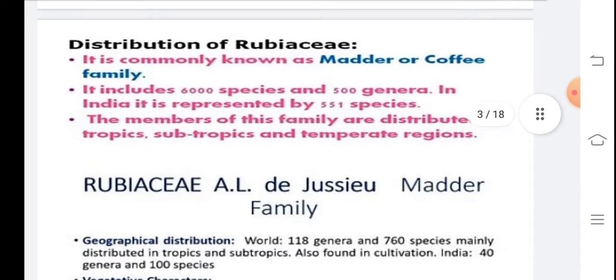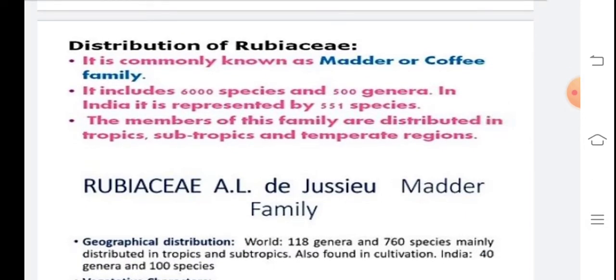Then in distribution, this plant is commonly known as the madder or the coffee family. Right. So about 6,000 species and 500 genera are included under this family, and near about 551 species are found in India as compared to the world distribution.